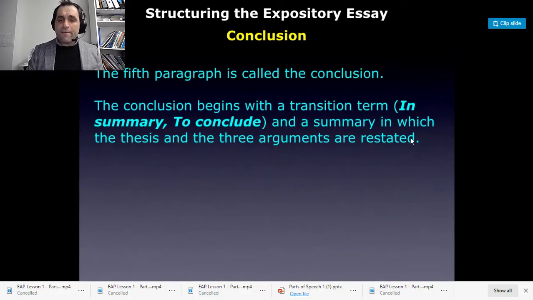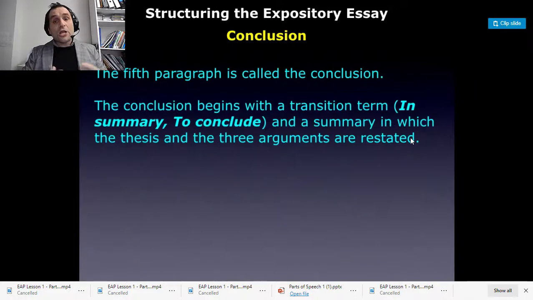Every paragraph starts with a topic sentence supported by evidence. We said that the evidence could be statistics or quotations or examples, right? And now we are talking about conclusion. That is the final paragraph or the 5th paragraph.